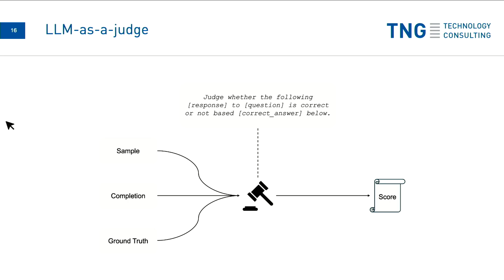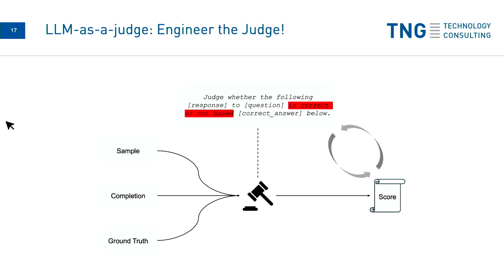Still, the important thing is having it aligned with your own judgment or expectations in order to make sense. So when using LLM as a judge in a benchmark or in an evaluation of LLMs, it's really important to engineer it. You can engineer the prompt based on the scores.